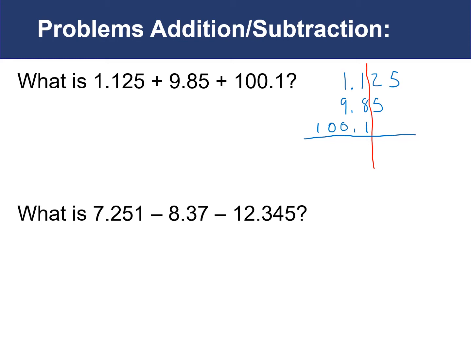So when we add all three of these together, we will get 111.075. We will be cutting and rounding between the 0 and the 7, so this would give us 111.1 as being our answer.